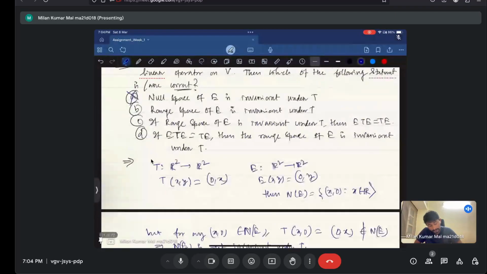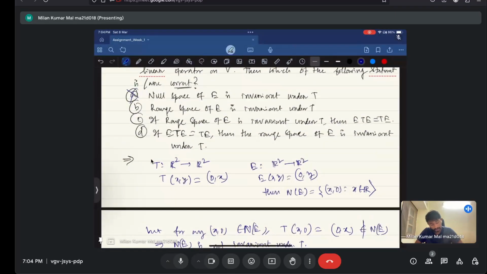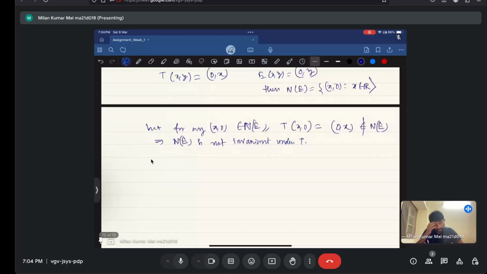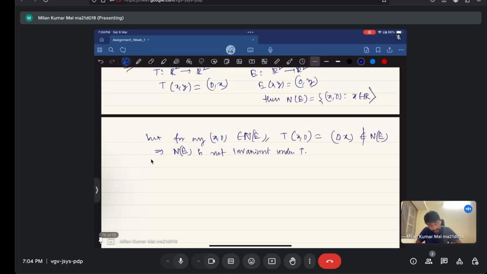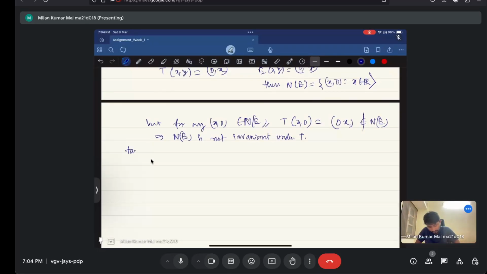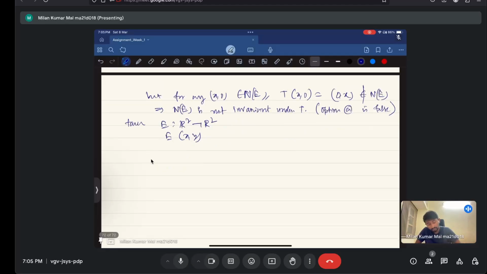Then the second is that the range space of E is invariant under T. That is also false. So one can take E from R square to R square given by E of (x, y) equals (x, 0).